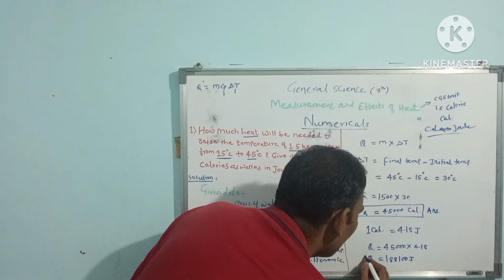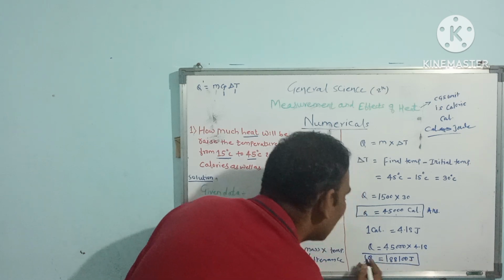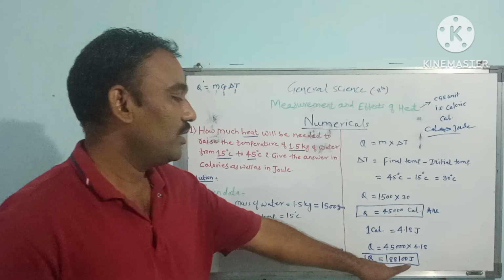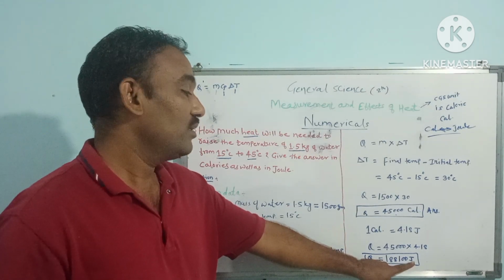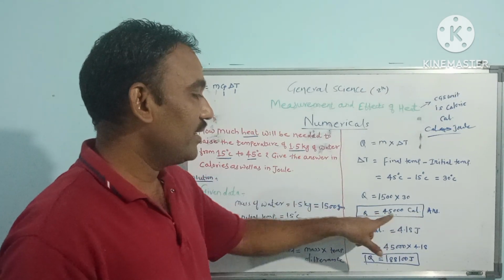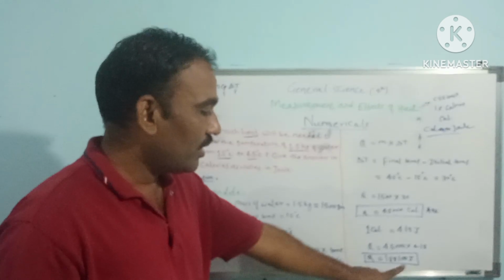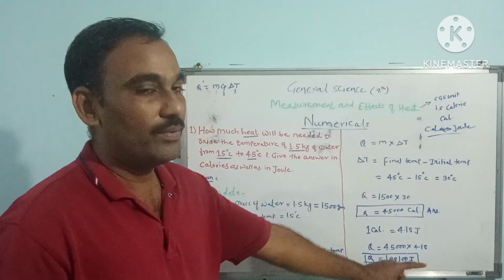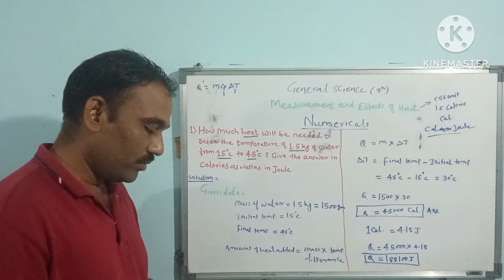This is also the solution of this problem, but the unit is joule. In calorie it is 45,000 calorie, and in joule it is 188,100 joule.